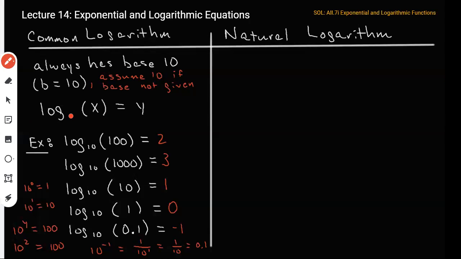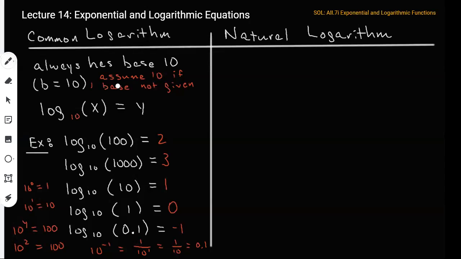Kind of like how we assume there to be a 1 in front of that x and in front of that y, right? So there are things in math that we just assume to be true. And that would be one of those cases. If the base isn't given, you assume that it always has base 10. That's the common logarithm. Now let's look at the natural logarithm.